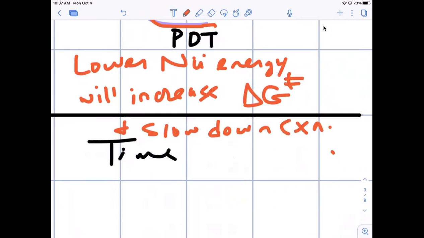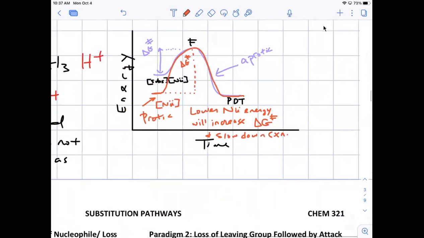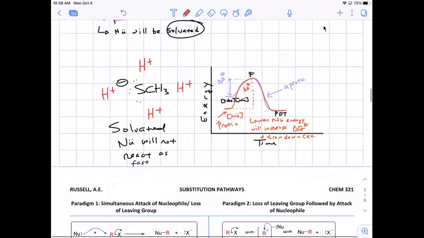All right, so a lower nucleophile energy because of that protic solvent is going to increase activation energy, and that controls the rate, right? The activation energy controls the rate of the reaction, so it's going to slow the reaction down, so that's bad. So that's why you want to use aprotic solvents for SN2 type reactions.